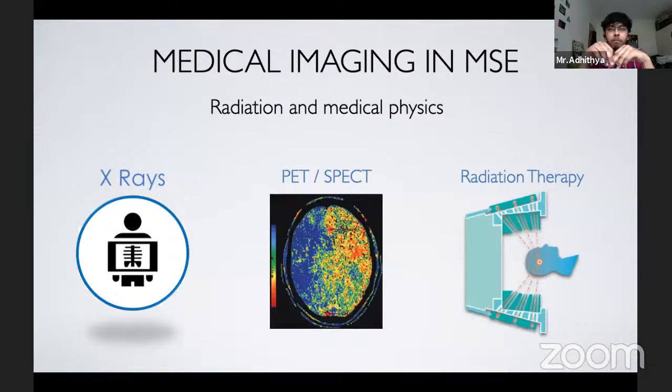The only disadvantage, comparatively to other areas, is that we use ionizing radiation and sources which produce ionizing radiation. In certain ways they are harmful, but only if proper precautions are not taken.